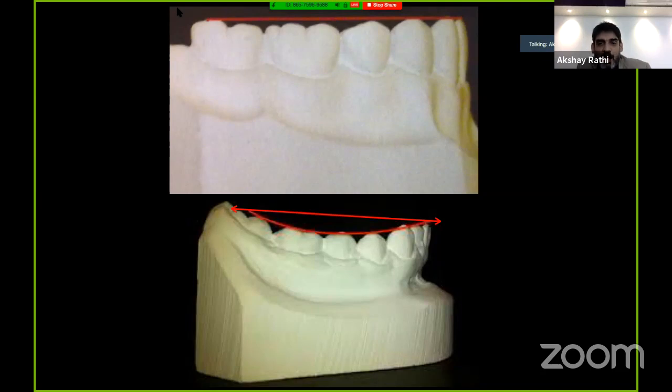So if I have a deep curve of Spee, then it will manifest itself as a deep bite, and the posteriors may be infra-occluded, which also contributes to the deep bite. So the deep bite could be because of infra-occlusion of the molars or supra-eruption of the incisors. In both the conditions, it is manifested clinically as a deep bite. So I hope I'm making this point clear.